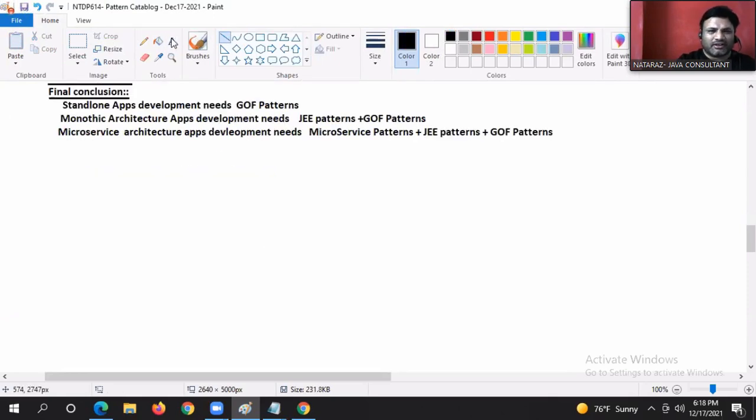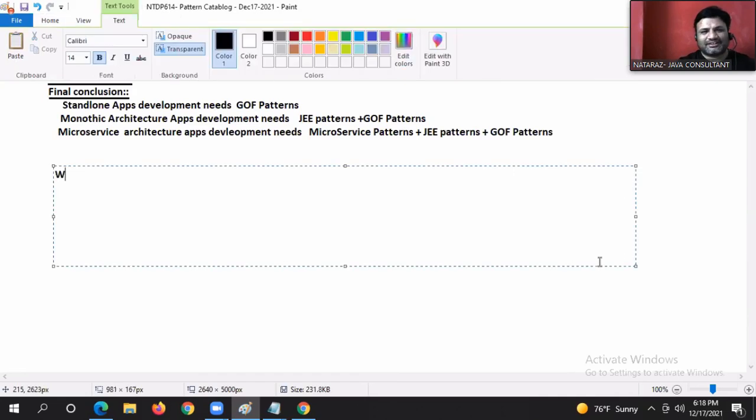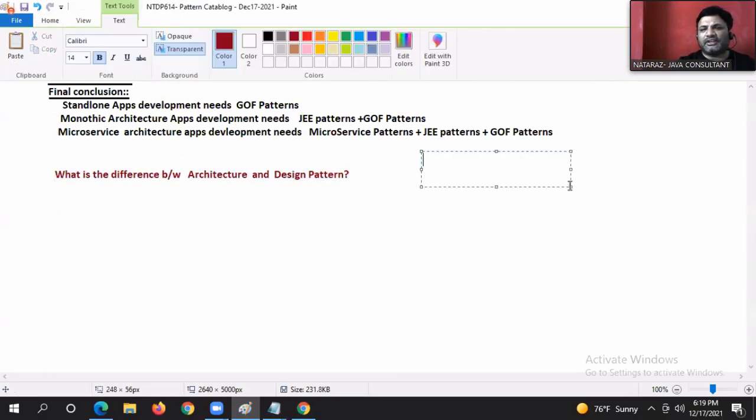Right, boss. Okay, now listen carefully. What is the difference between architecture and pattern? My favorite question. Design pattern or pattern, what is the difference between architecture and pattern? Any guesses? Design pattern or pattern, one and the same, guys.